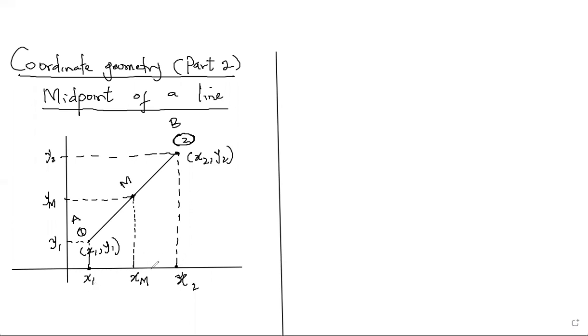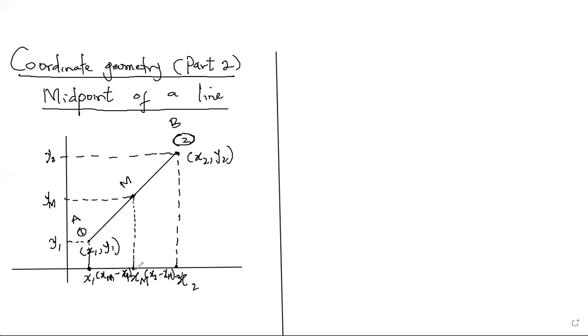From here to here should be xm minus x1, and from here to here should be x2 minus xm, because x2 is greater than xm, and xm is greater than x1.